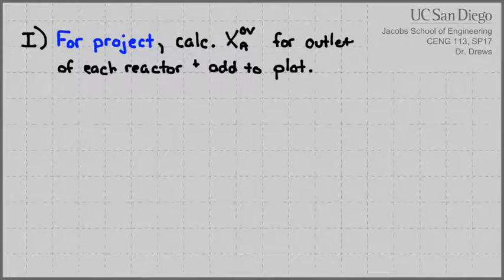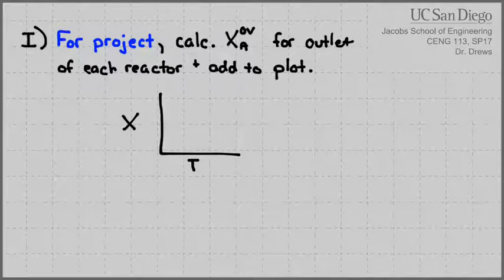So what that's saying is that in an earlier part of the project, you'll have a particular temperature and a conversion of the interesting species, and you'll be able to calculate the equilibrium one. You'll be able to do that based on using an isothermal reactor. The very last part of the project is to add those lines on here.